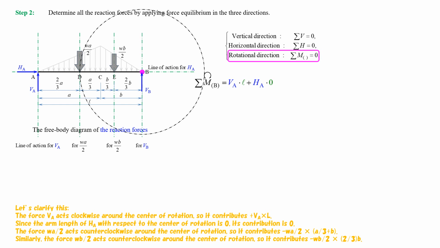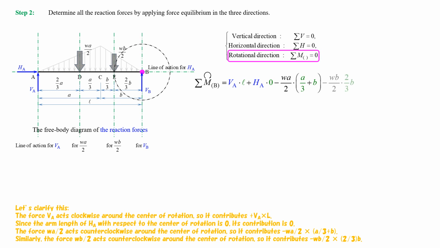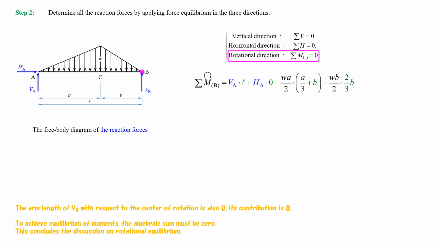The force W multiplied by A divided by 2 acts counterclockwise around the center of rotation, so it contributes minus W multiplied by A divided by 2, and then multiplied by A divided by 3 plus B. Similarly, the force W multiplied by B divided by 2 acts counterclockwise around the center of rotation, so it contributes minus W multiplied by B divided by 2, and then multiplied by 2/3 multiplied by B. The arm length of VB with respect to the center of rotation is also 0, so its contribution is 0.